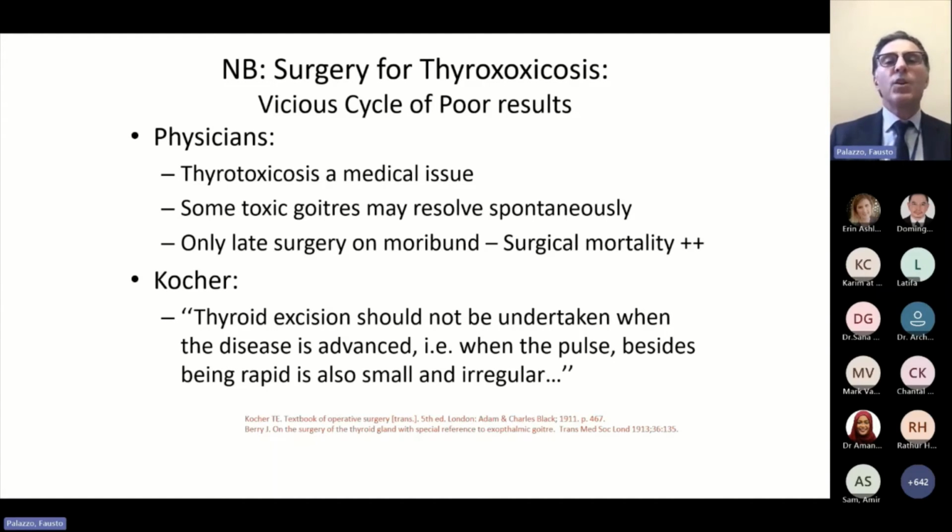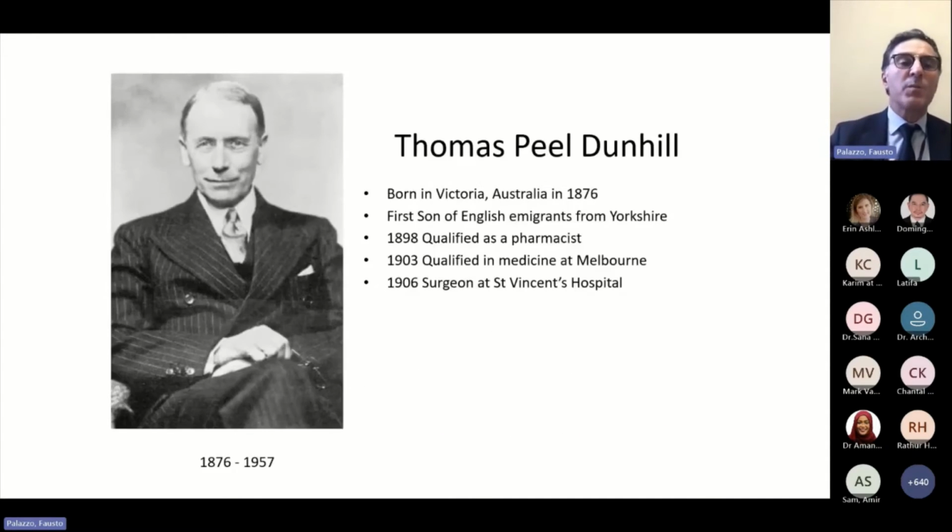So he had a huge influence on surgery for thyrotoxicosis, and it's in this context that one of my surgical heroes emerged, and that is Thomas Peel Dunhill. Thomas Peel Dunhill is slightly the forgotten man of historical thyroid surgery. He was British in origin, but he was born in Australia, and he qualified as a pharmacist.